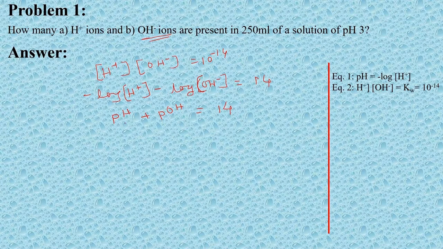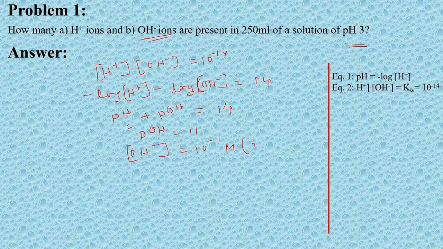So we know that pH is 3 from this equation, therefore pOH is equal to 11. So if pOH is equal to 11, then OH minus concentration is equal to 10 to the power minus 11 molar.